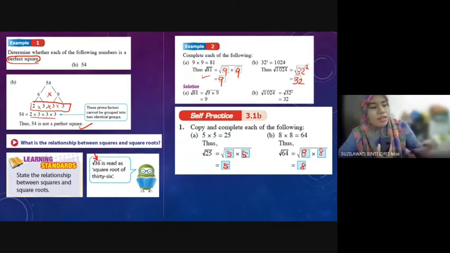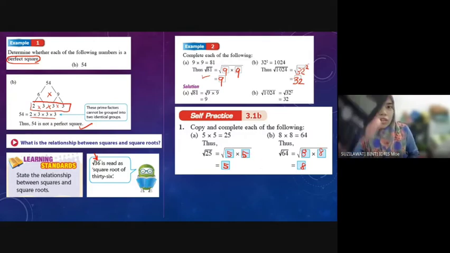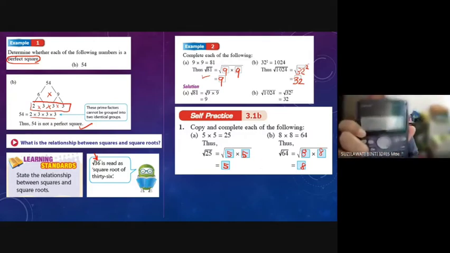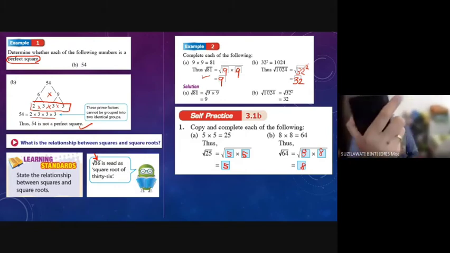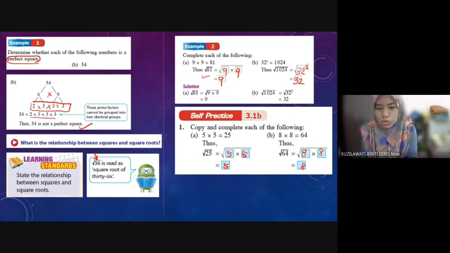Okay, this is the method of showing the solution without using a technology. If using a technology, this is how you do it in your calculator. Just press the square root symbol first, then the number and then the equal.